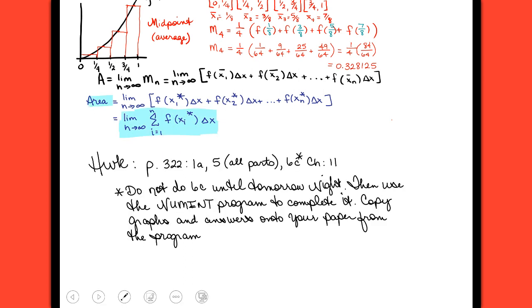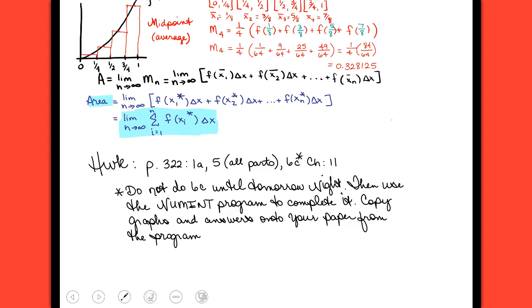All right, so here is our homework for tonight on page 322. We are going to get a handy-dandy program on our calculator called NumInt. That NumInt program is going to enable us to do what we saw in the textbook today.